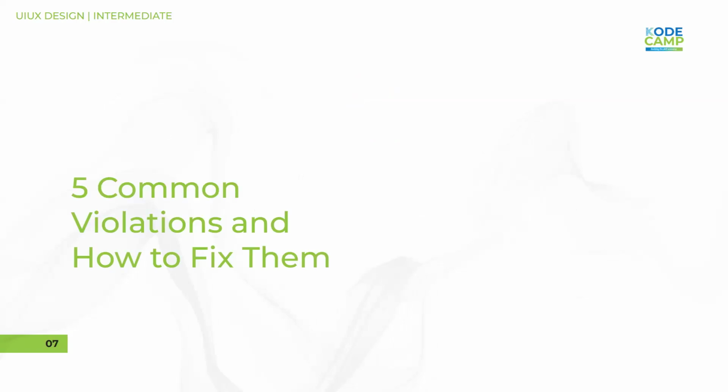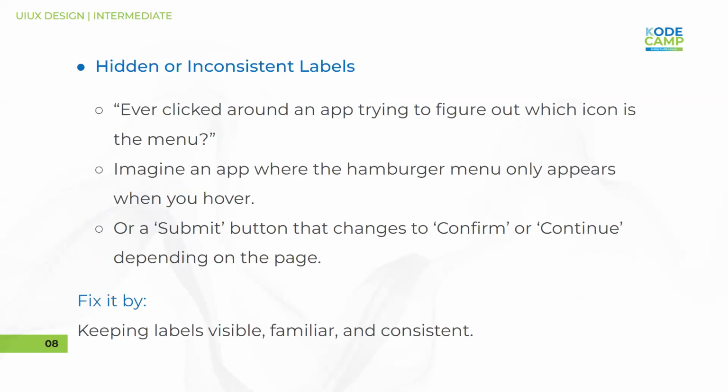So let's look at common violations and how to fix them. We are talking about recognition rather than recall, remember. The first error that people make is hidden or inconsistent labels. Have you ever clicked around an app trying to figure out what icon is the menu?